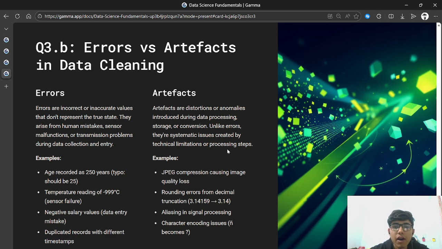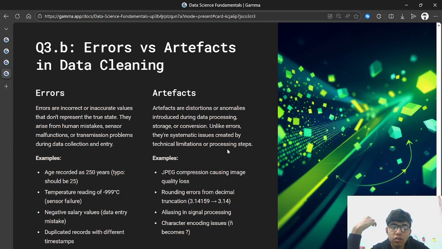Artifacts, on the other hand, are unintended patterns that appear in the data not because something is wrong with the value itself, but because of the way that the data was collected or processed. For example, a transformation step may accidentally introduce a recurring pattern, or an instrument may add systemic bias.